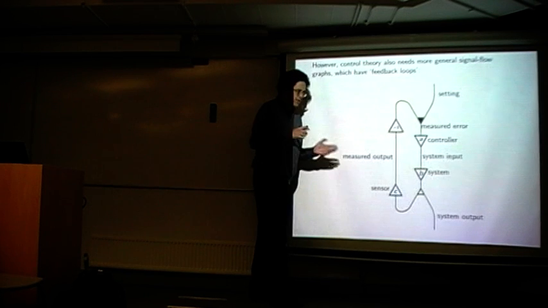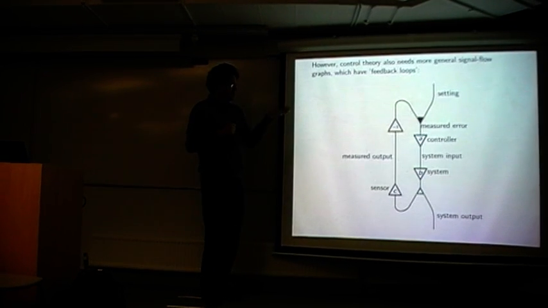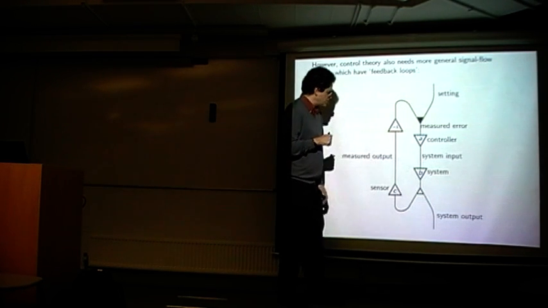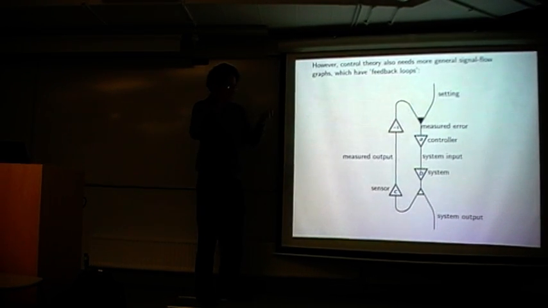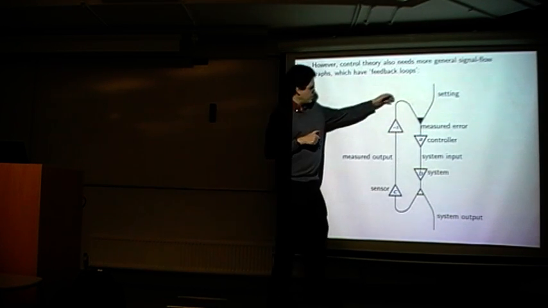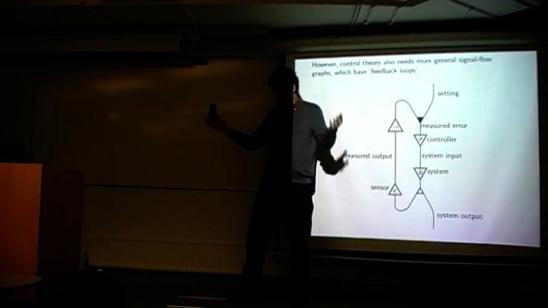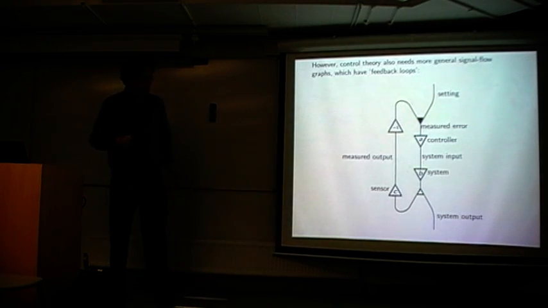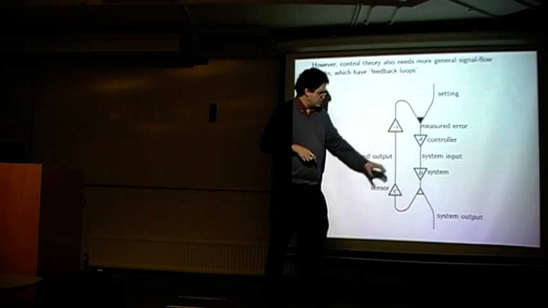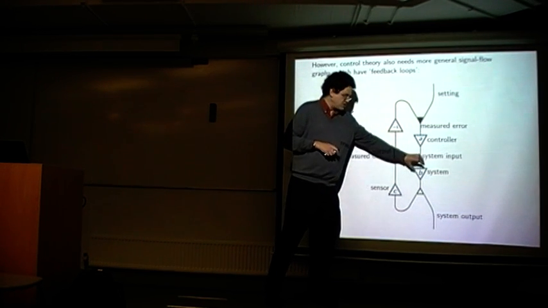So a normal thermostat is not a linear device. It flicks between being on and off, but you can make a linear version of that, which when the system got to be too hot, it would just start pushing the knob on the temperature down and cool things down. And there's a whole elaborate theory of how you build the sensor and the controller to make a given system behave in a stable way.